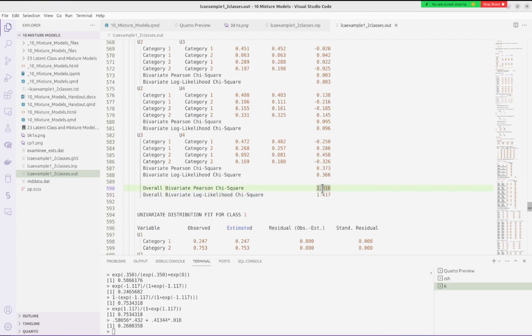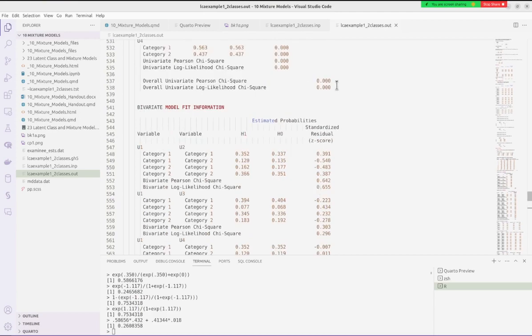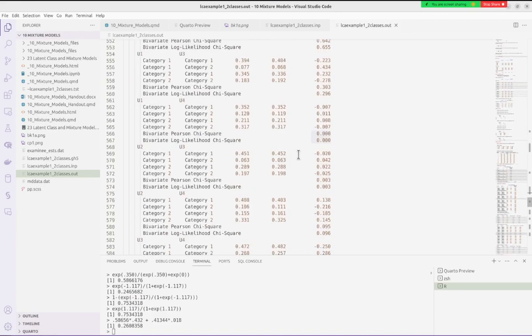And this is like what M2 gives you. It's an overall test statistic. However, it doesn't have a p-value for it. The literature on M2 showed how to find a p-value for limited information fit. Actually, M2 combines univariate and bivariate, but you saw the univariate being at 0 because it fits univariate perfectly.